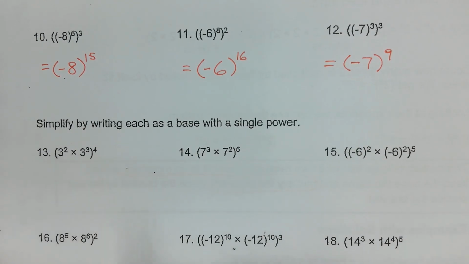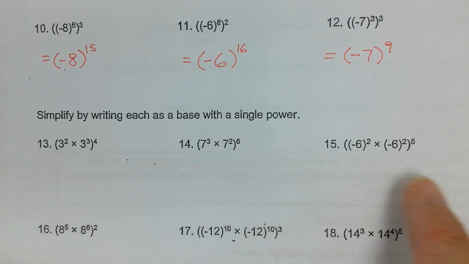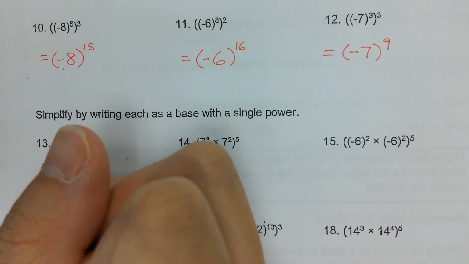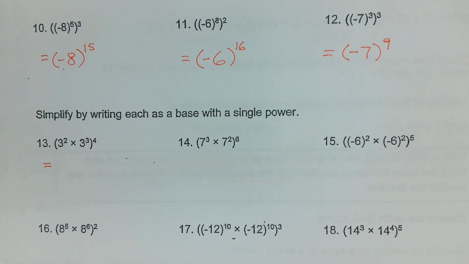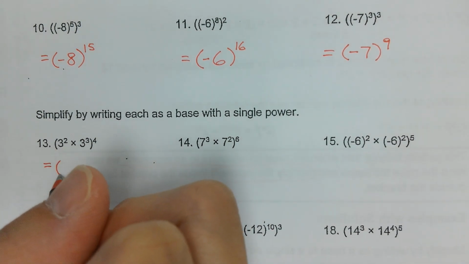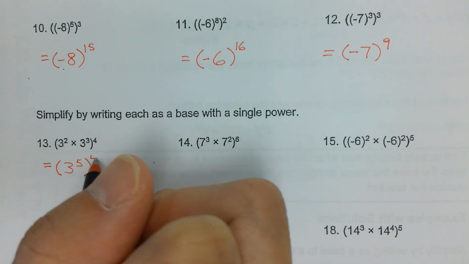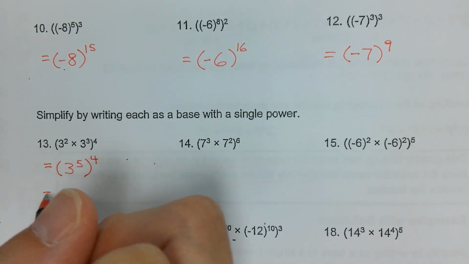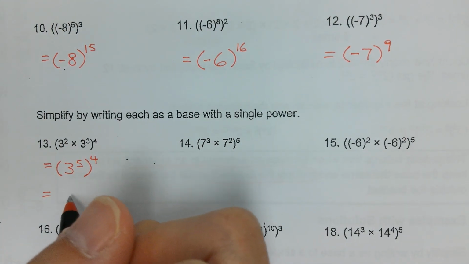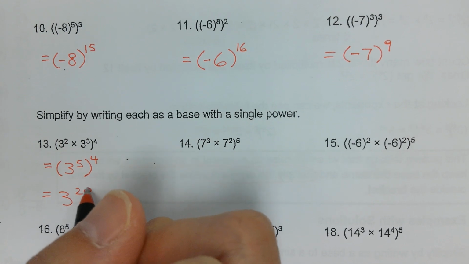So number 13. Here's where it gets a little tricky, where you might need 2 steps. Okay. Jennifer, can you tell me your first step first? 4 to the exponent 4. Yeah, good. And then your final answer? Perfect.